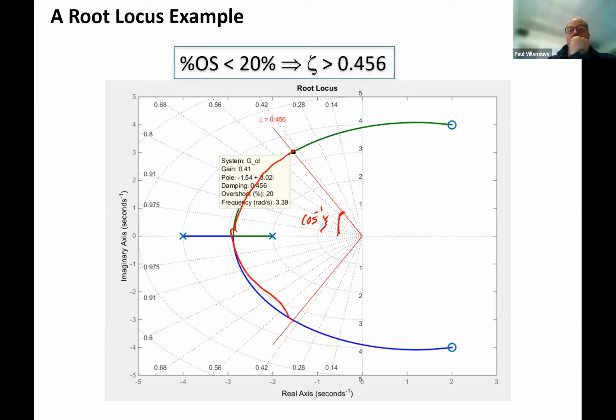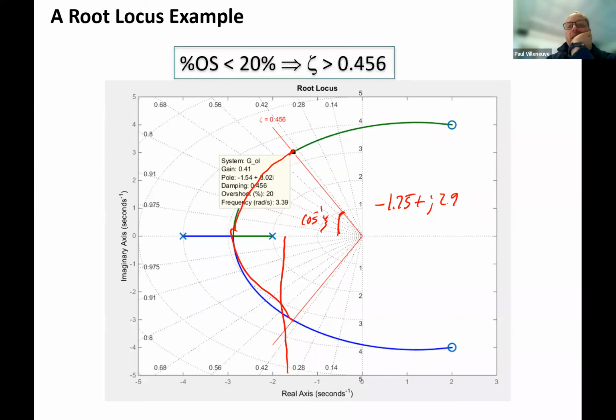So I'm eyeballing this approximately. Let's say that's minus 1.75 plus j2.9 or something like that, would be a point where our value of K is determined. So we would pick our value of K based on that.